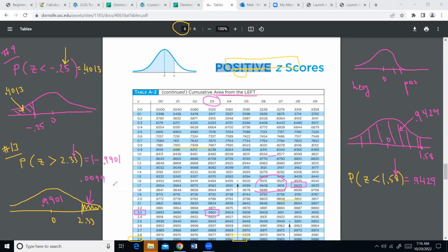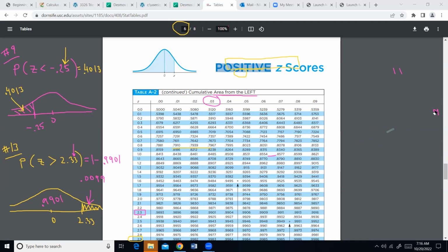Looks like we've got the answer. And here, 0.0099 is subtracted from 1, that area. So if you need the other side, fine. You just want to subtract the area from 1. And then be standard for all of those areas on the right side. So tables give you area on the left side.